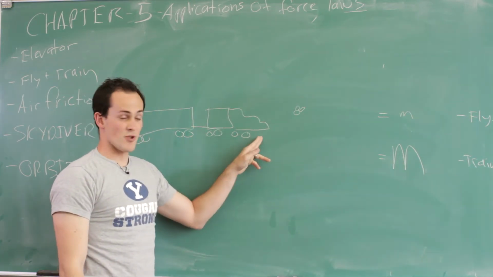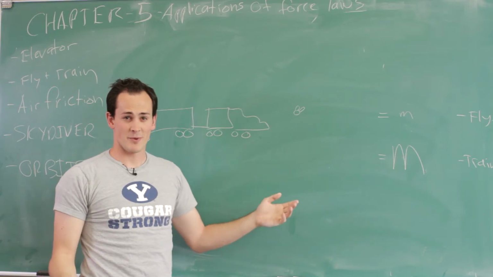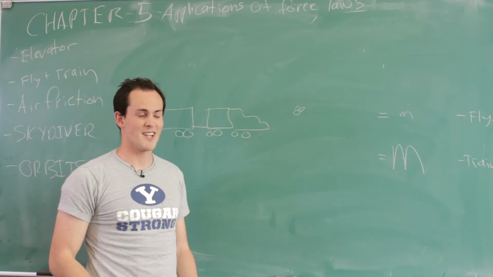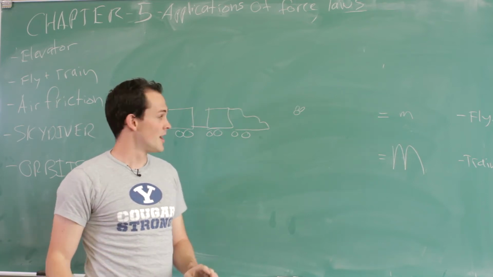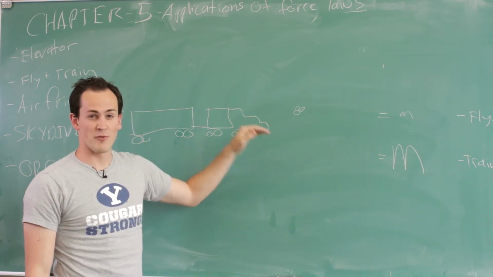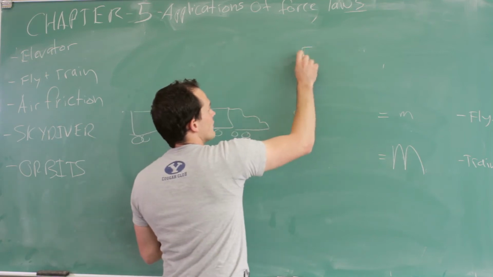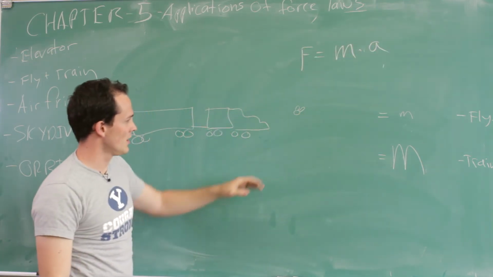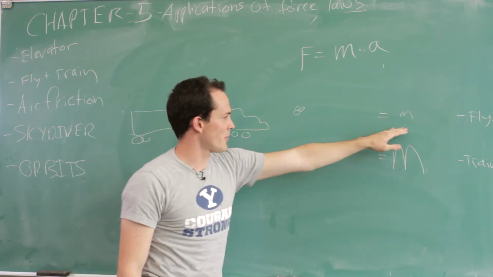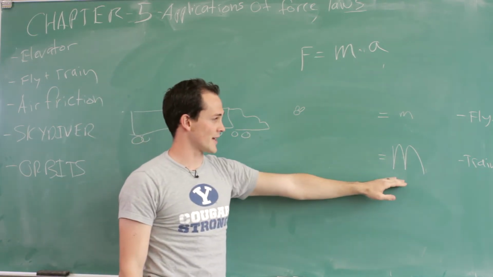Now, when the fly hits the train, we've all seen what happens when a little bug hits your windshield. It's going to be instantly squished, basically vaporized. It will cease to exist as a bug. But let's analyze it from a perspective of forces with the equation force equals mass times acceleration. We've already seen that the fly has a small mass, the train has a very, very large mass.